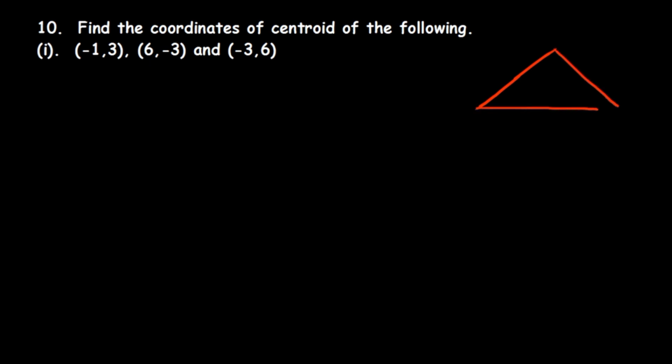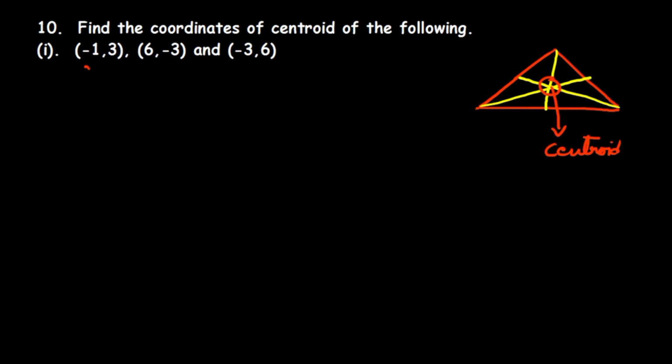So what is the meaning of the intersecting point of the medians? So this is one of the medians, here the second median, and this is the third median, and the three medians are intersecting at one point, that is this one. So this is called the centroid. To find the centroid here, we have a formula: x1 plus x2 plus x3 by 3, y1 plus y2 plus y3 by 3.